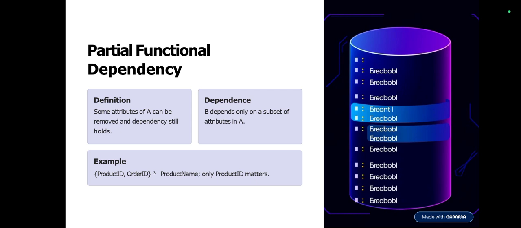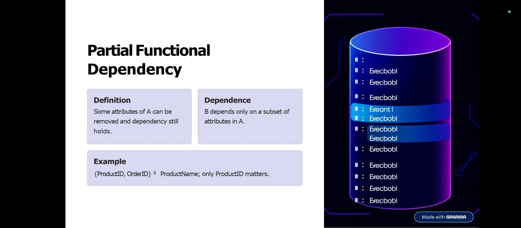So this is partial, not full. If you have a table of product ID and order ID, then product ID is sufficient to determine product name. So we don't need order ID in this table. So we will remove this from the table.